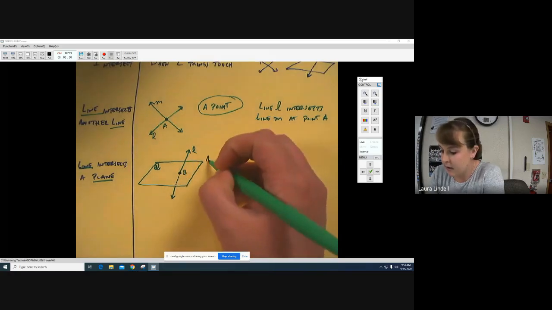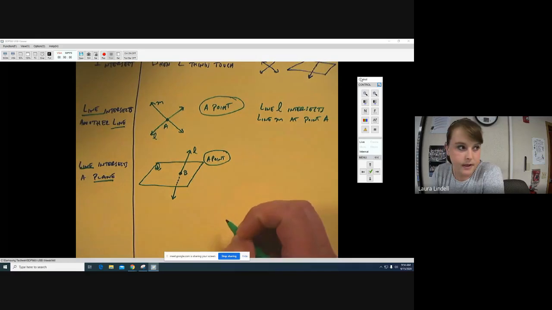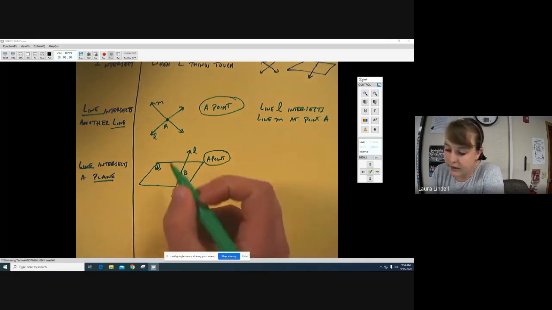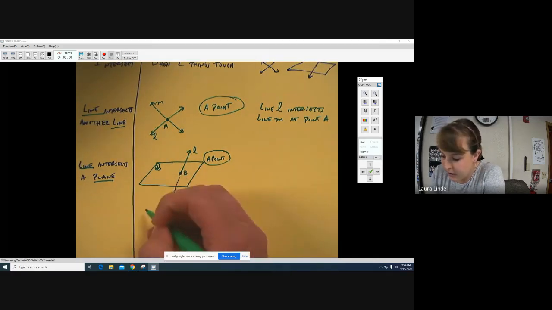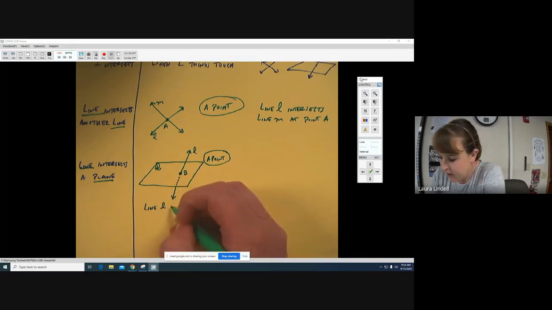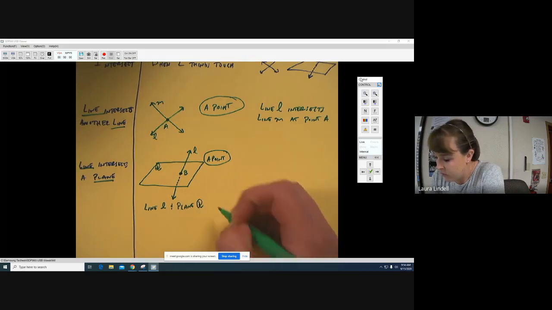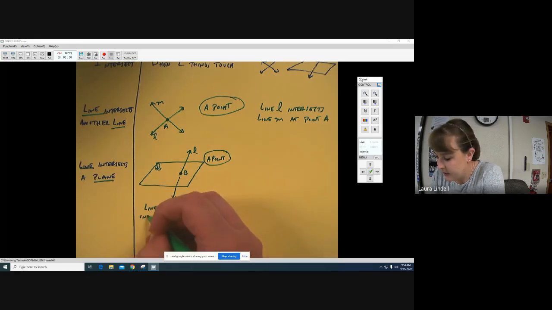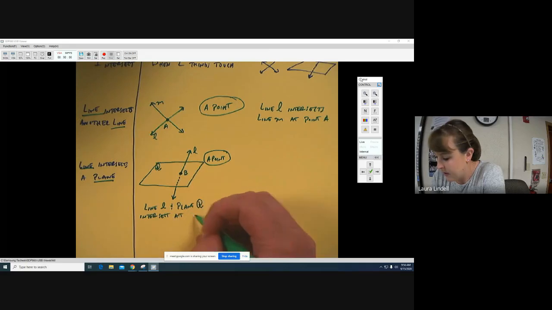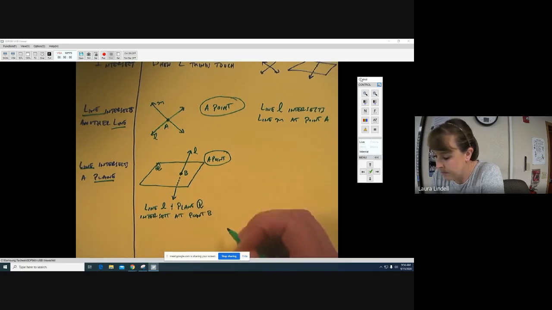So we could have a point, and we could describe this as line L and plane R intersect at point B.